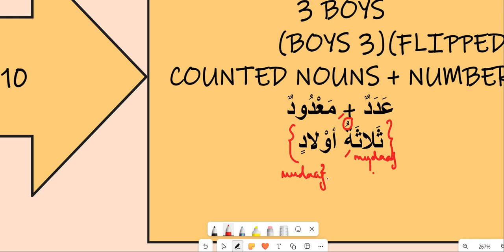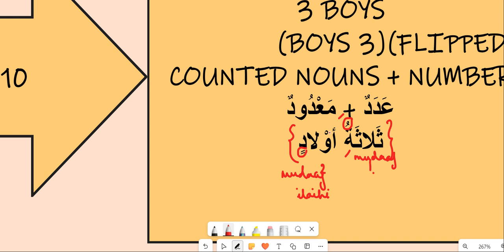Mudaf ilahi. And what is the structure of this noun? It has a kasratain, and the structure of mudaf ilahi is always mabni, built on kasra. In this case, we have a nakira idafa, as I have given you in the rules. Why?